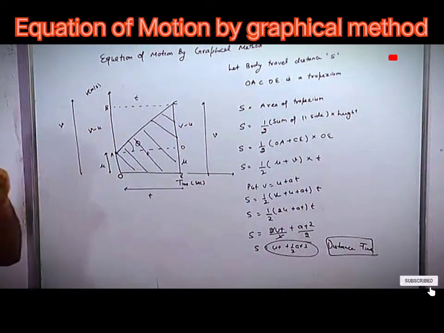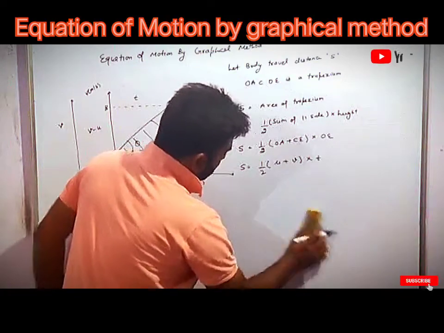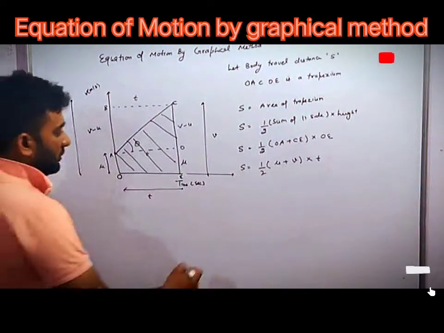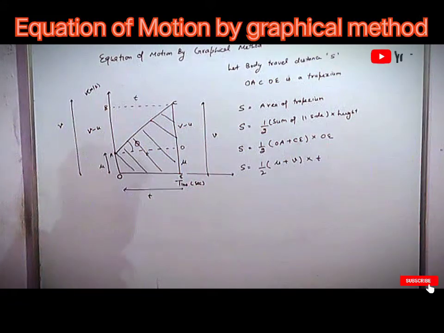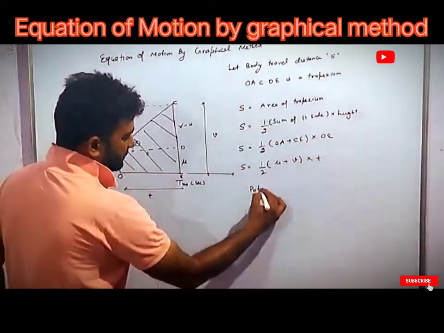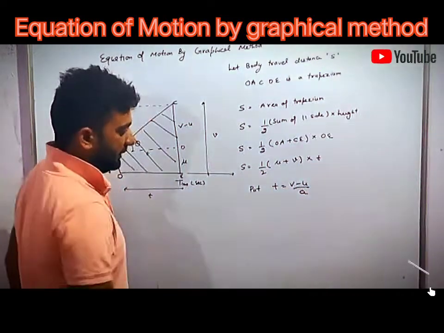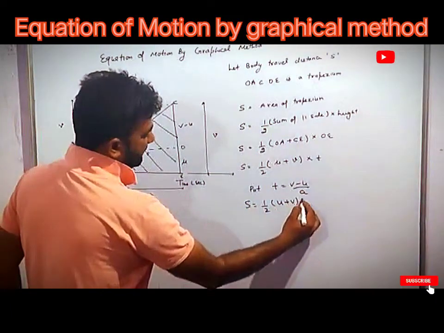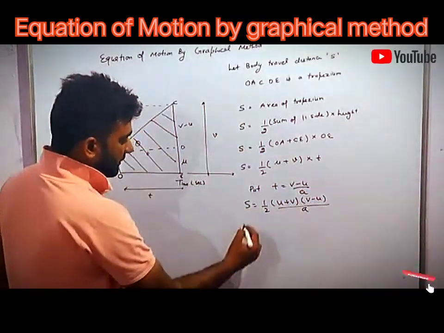Now, in case of the third equation, there is also a formula for distance, so write it as it is up to here. From here, put t is equal to (v minus u) by a. So S is equal to 1 by 2 into (u plus v) into (v minus u) divided by a.